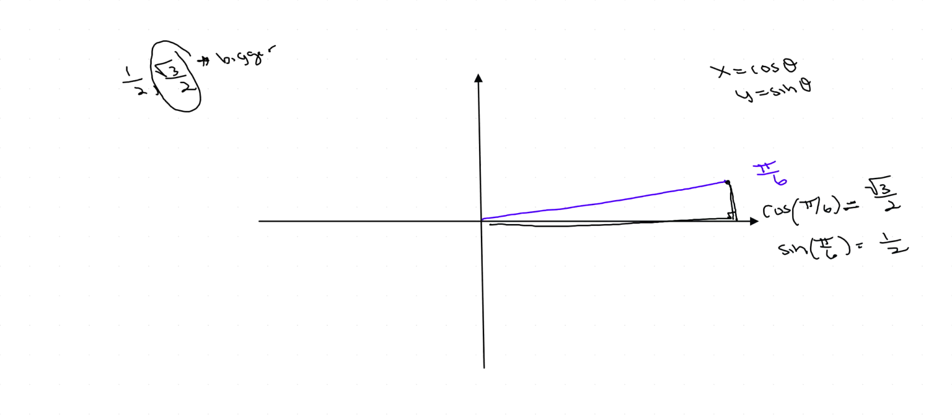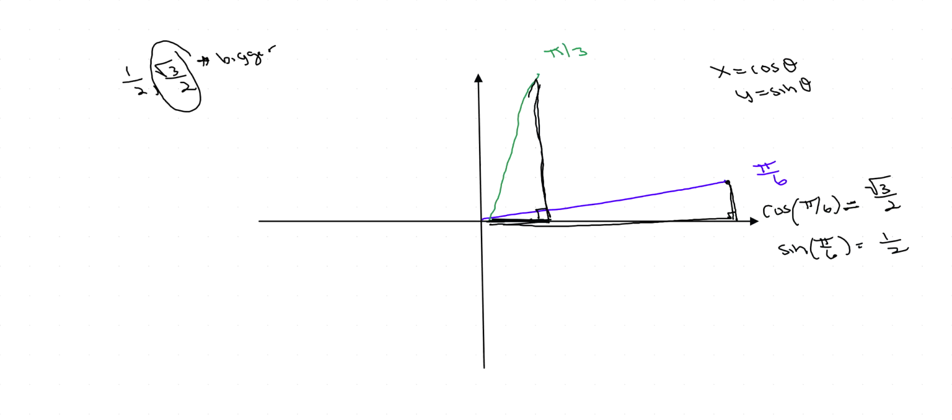And then if we come up here to pi over 3, and I do the same thing, I draw a line down and make a triangle. You can ask, is the x, so remember x is cosine, y is sine, which one's going to be bigger, the x or the y value?